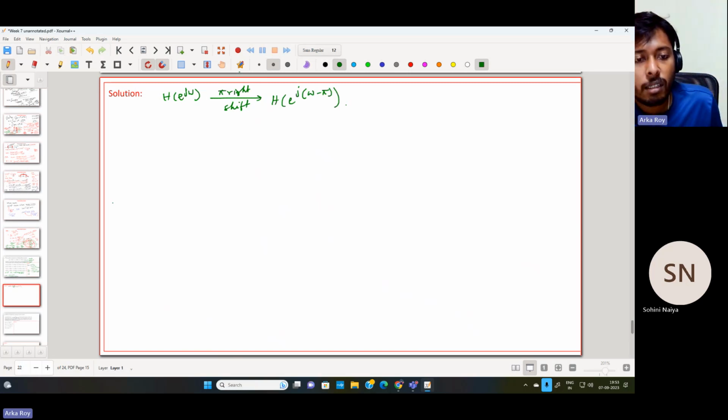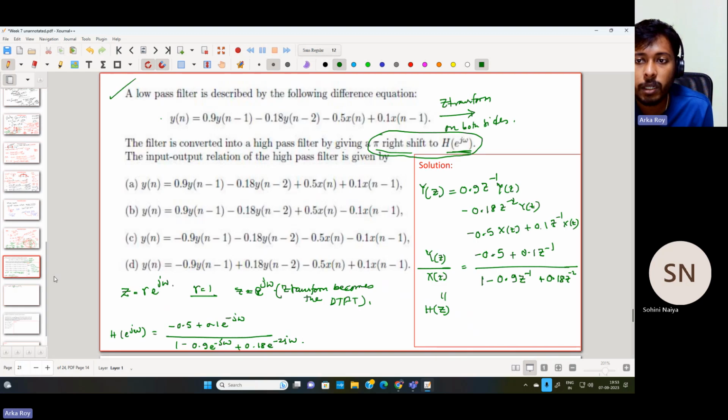Because we are shifting the signal in the right direction, there will be a delay component associated with its DTFT. So instead of H(e^jω), I will get H(e^j(ω-π)).